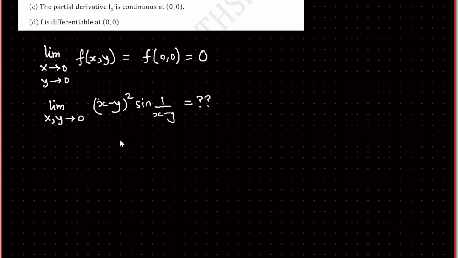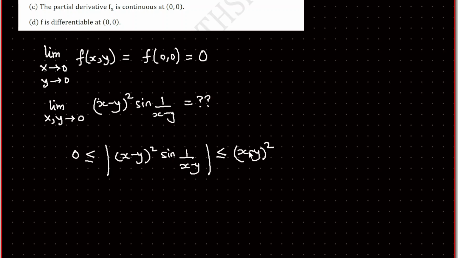Now observe that we can write 0 less than or equal to the modulus of (x − y)² sin(1/(x − y)). And since sine of anything is less than or equal to 1, this is less than or equal to (x − y)².